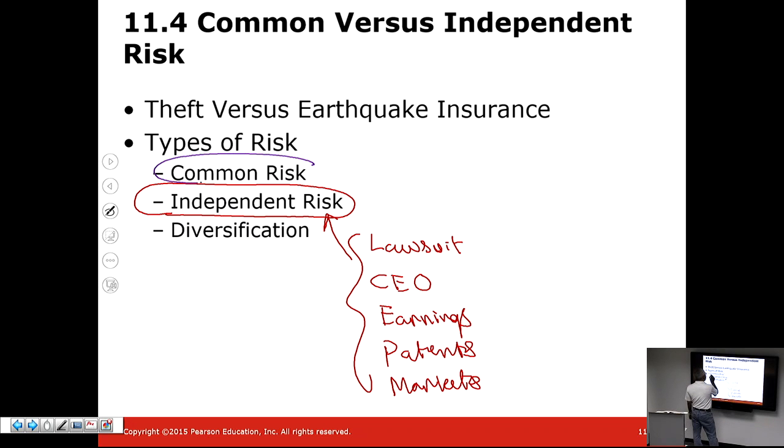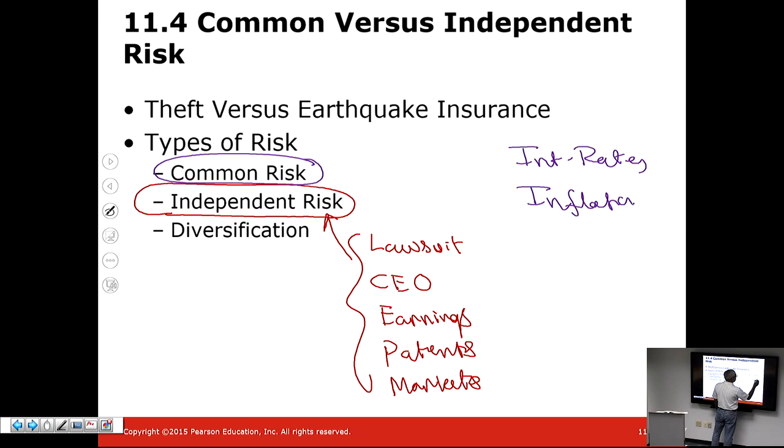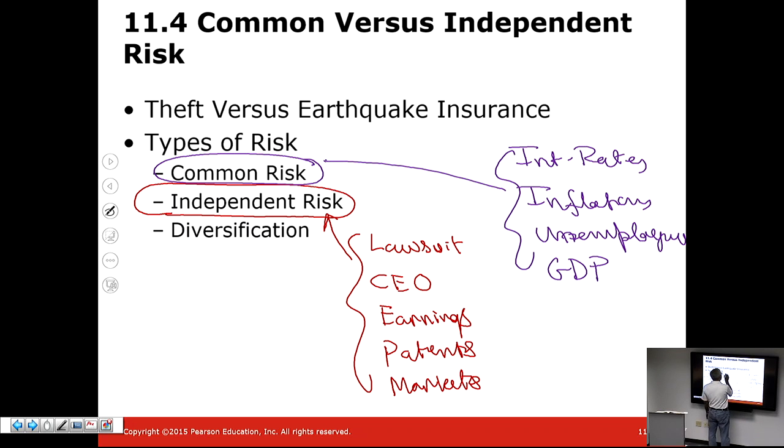And then there are a cluster of risks that are common to all stocks. For example, interest rate changes, inflation, unemployment, the unemployment rate, GDP. All of these are common.